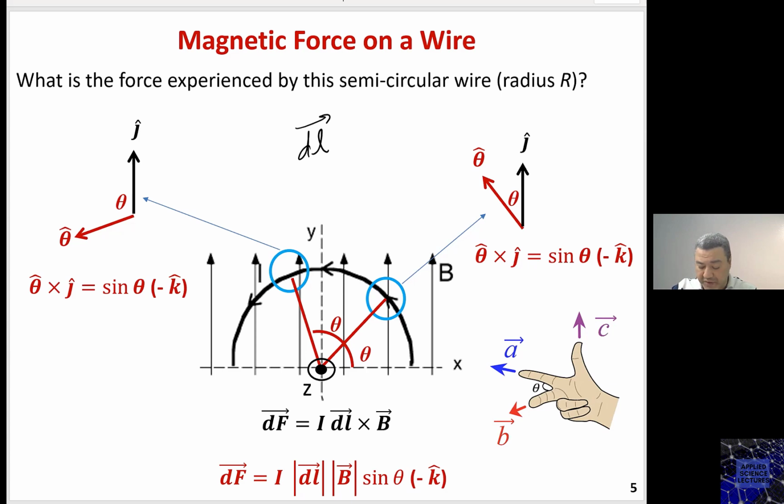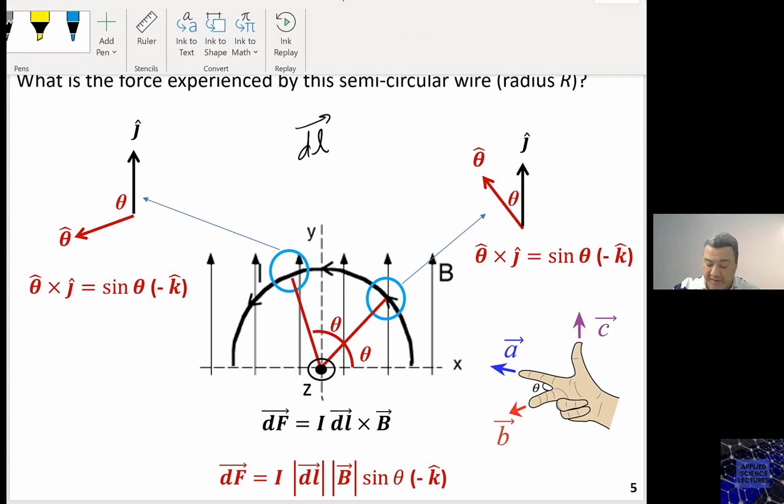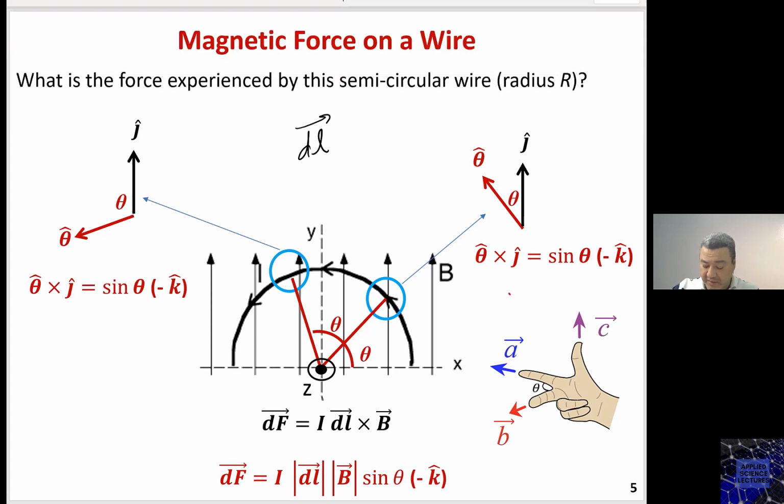If we look at this differential element dl here, we will see that this element is varying according to the variable theta.